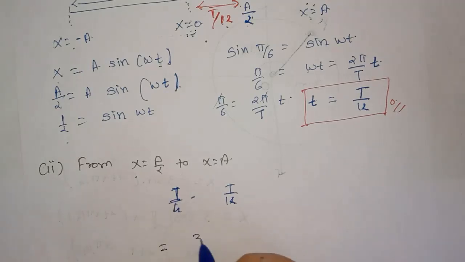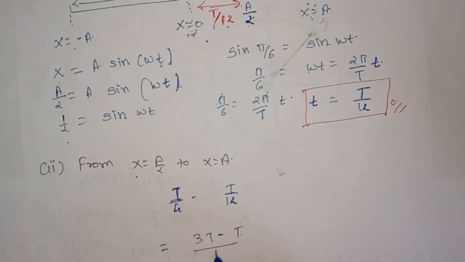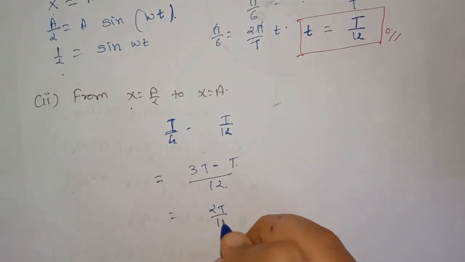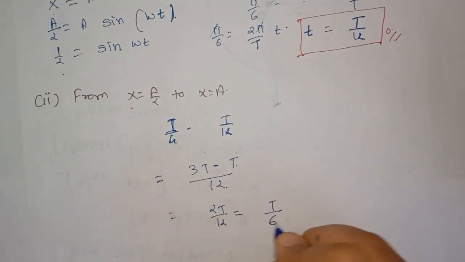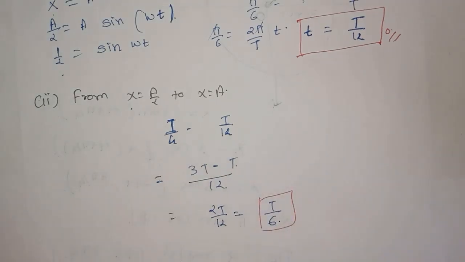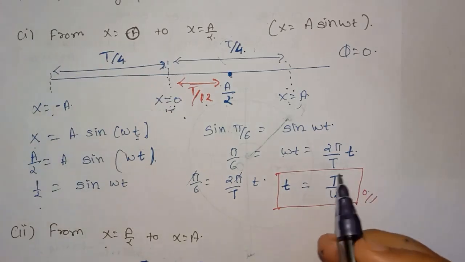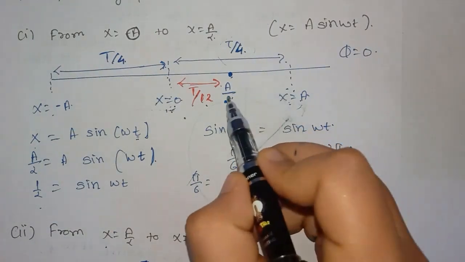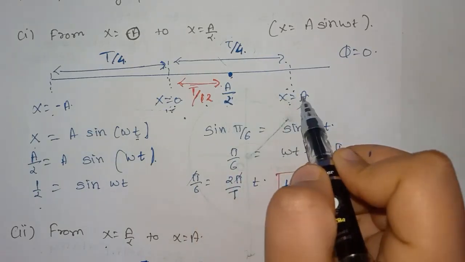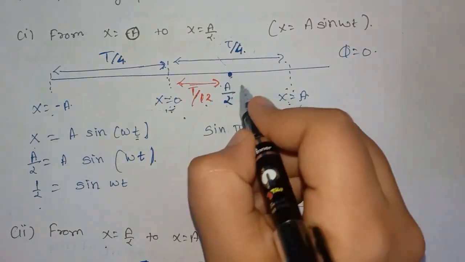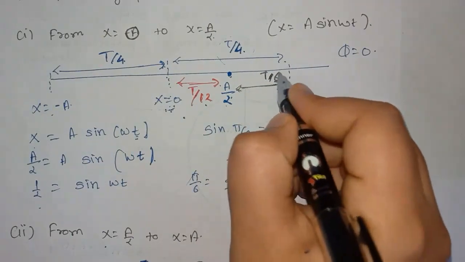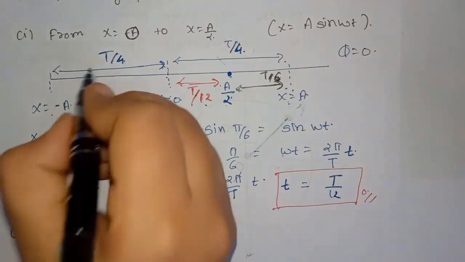So this will be 3T minus T divided by 12. That will be 2T by 12, that is equal to T by 6. So the time taken by a particle performing SHM to move from A by 2 to A or from A to A by 2 will be T by 6.